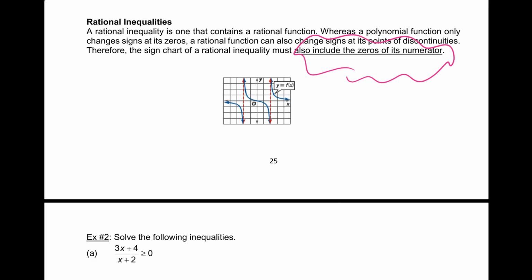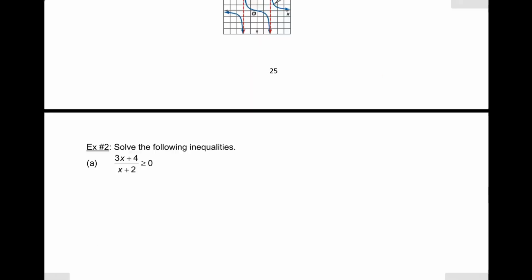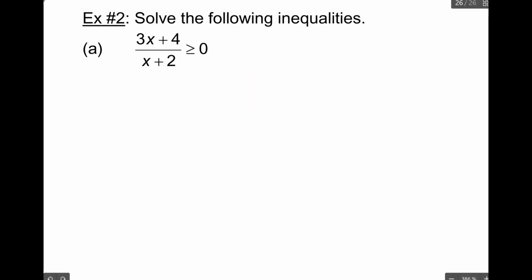Okay, so recall rational equations. Go ahead, do this problem. Example 2, solve the following inequality. Okay, so what I want to do is multiply both sides by x plus 2, because I want to get this into a nice 3x plus 4 is greater than or equal to 0.